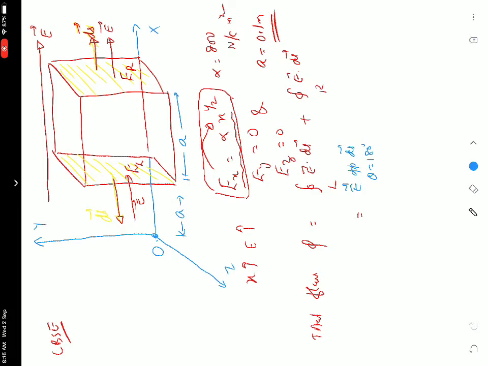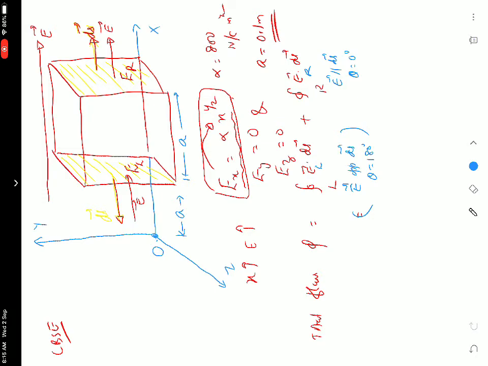On the right side face, it is parallel, the same direction. The E vector is parallel to the ds vector, theta equals 0 degrees. But remember the values of electric field are different. So in this equation, this is the electric field on the left side and this is the electric field on the right side.